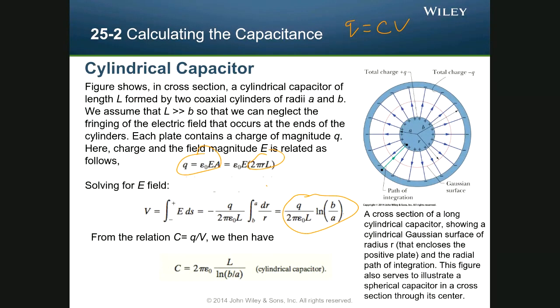So when we look here, solving for E and V. Oh, my spider sense tells me that I'm missing something here.